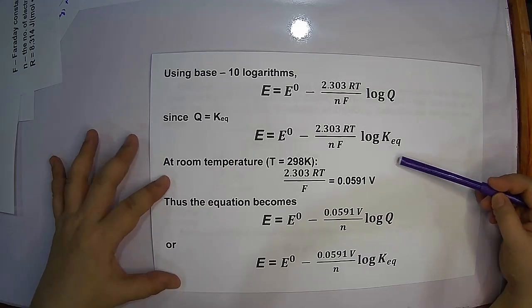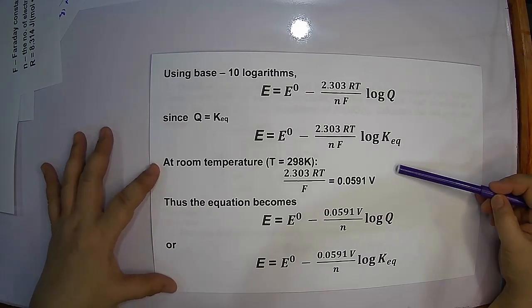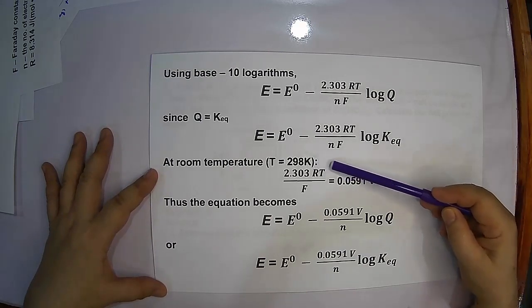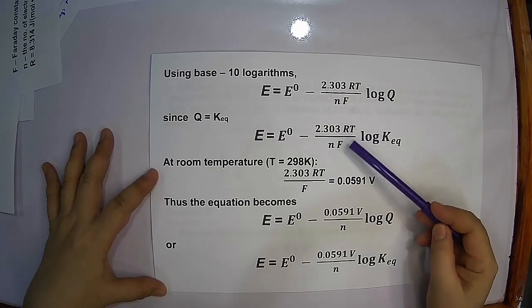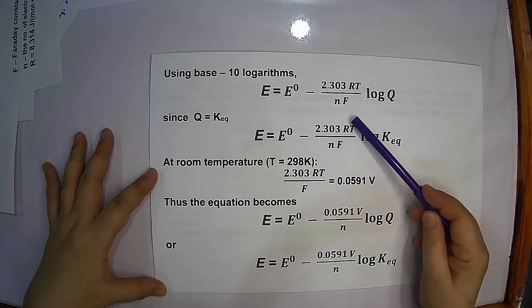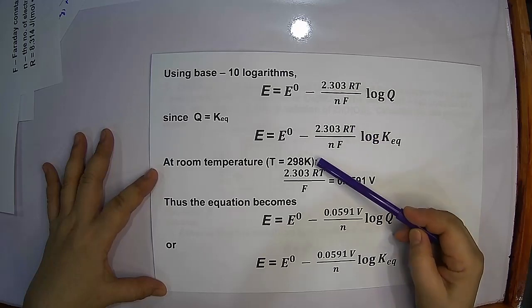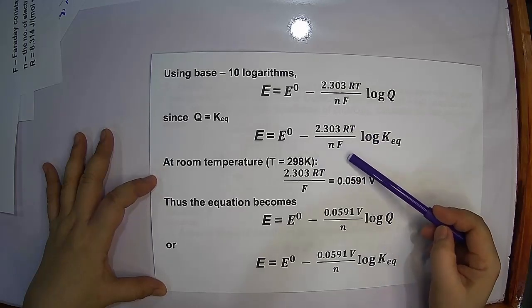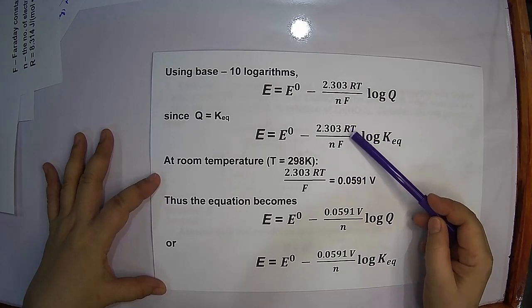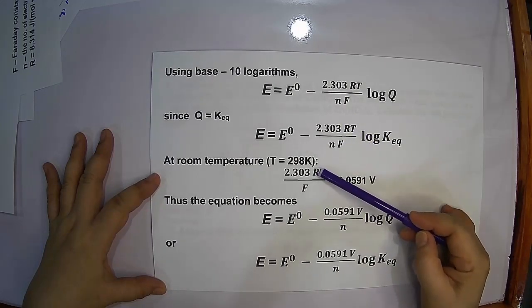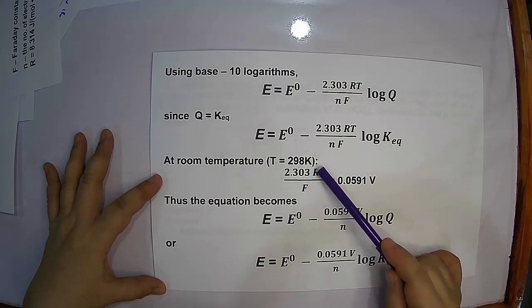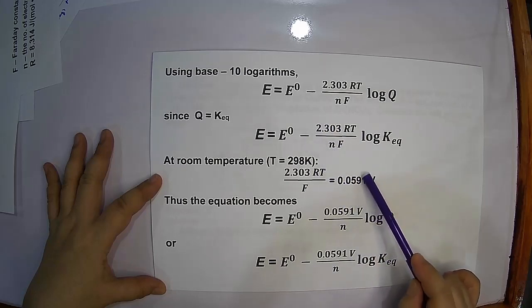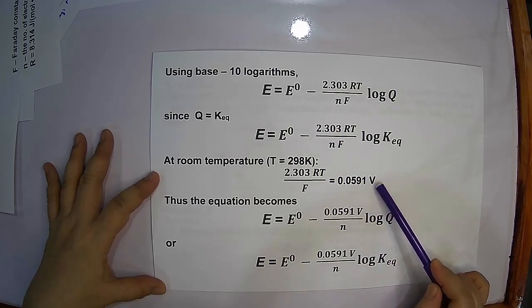Okay, so at room temperature of 25 degrees Celsius, which is 298 Kelvin, we can simplify this factor, since R is a constant, F is a constant, and the temperature is at room temperature. So these factors together will be equal to 0.0591 volt.